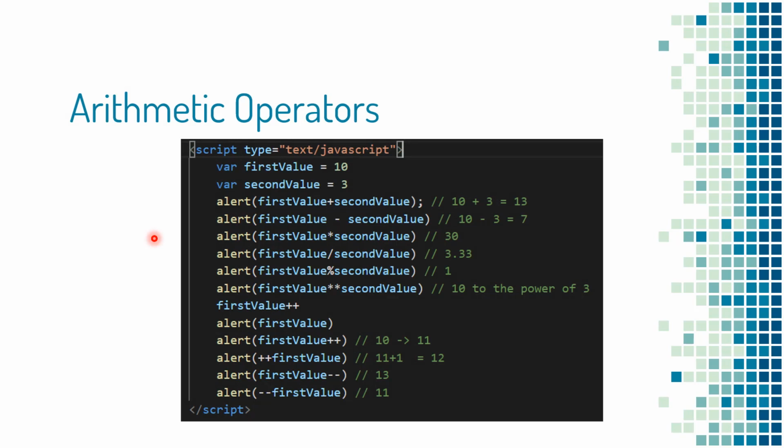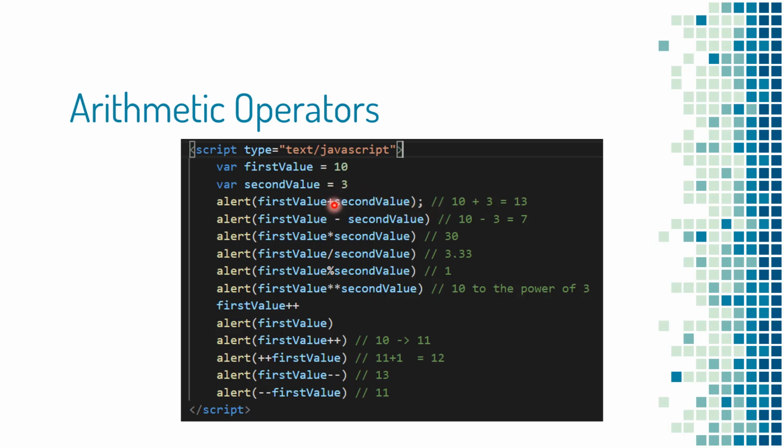When we talk about arithmetic operators, we are talking about addition, subtraction, division, multiplication, raising to the power, the remainder, all these kinds of operators. It's almost the same as in any programming language that you are familiar with. For example, let's assume that we have two variables here, 10 and 3.